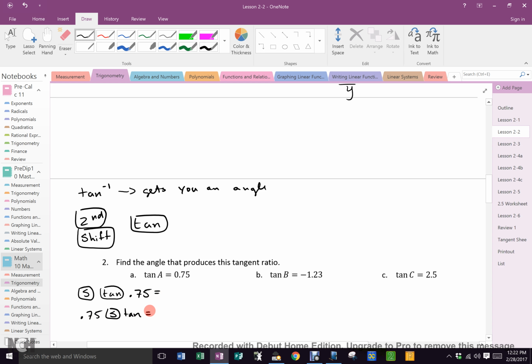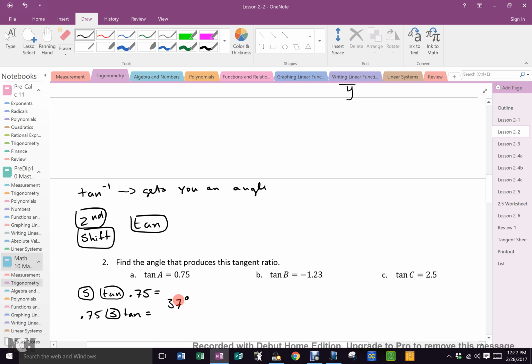And what do you get? So 36.86. With angles, we round off because angles are similar to imperial measurement. We don't measure them in decimals. Angles are measured, believe it or not, in minutes and seconds, like time. So we're going to round that off.